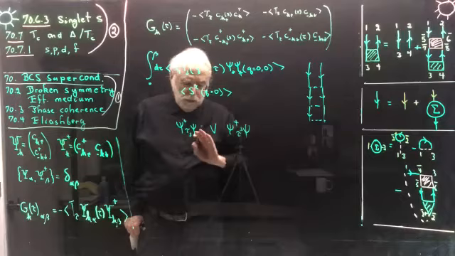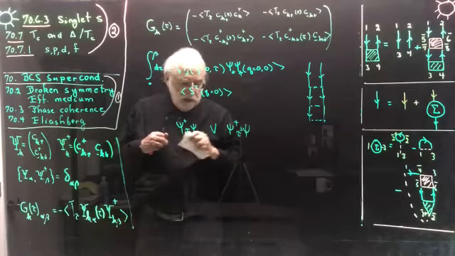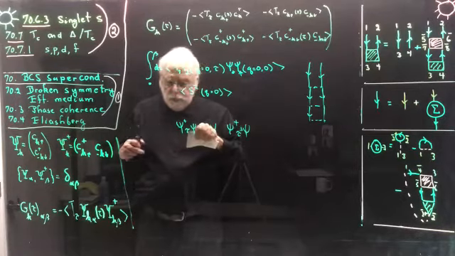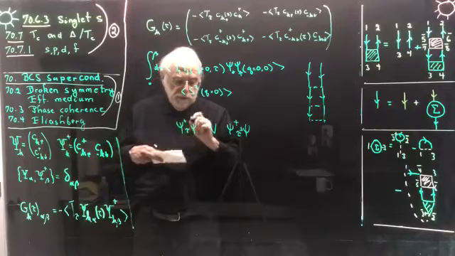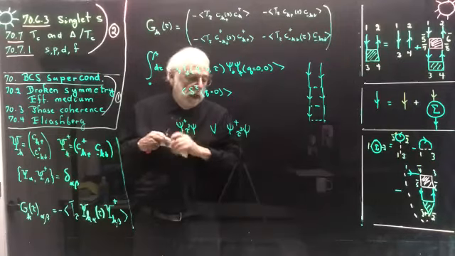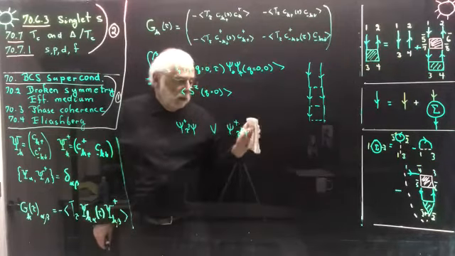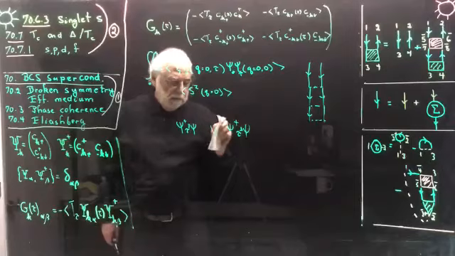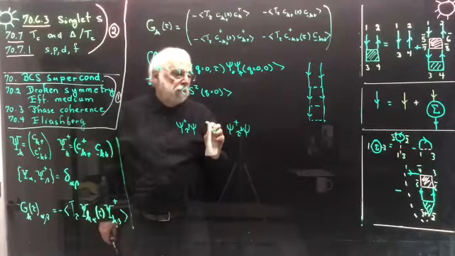Tau 3, I put the 3 on top here, simply because, again, the operators are in the wrong order here. Okay. So with tau 3, then everything becomes fine.